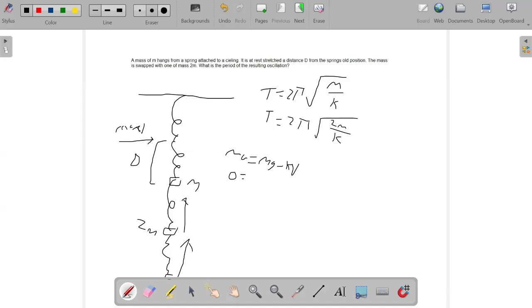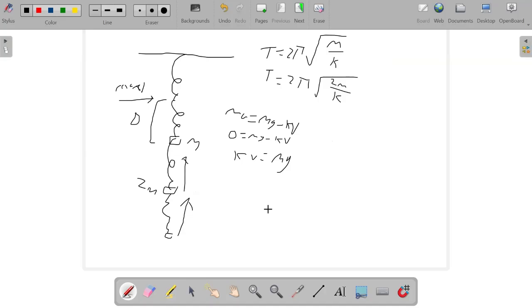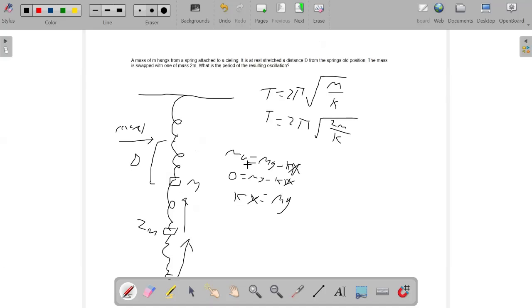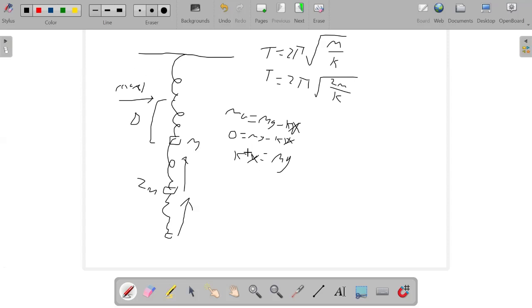So we get 0 equals mg minus kx. So kx equals mg. And in this case, x is equal to d. So kd equals mg, or k equals mg over d. This is the answer for k.